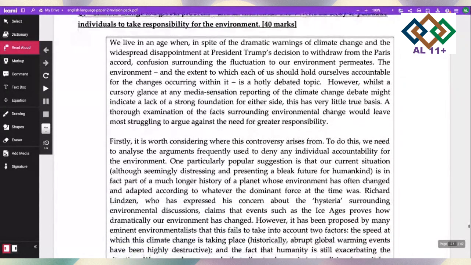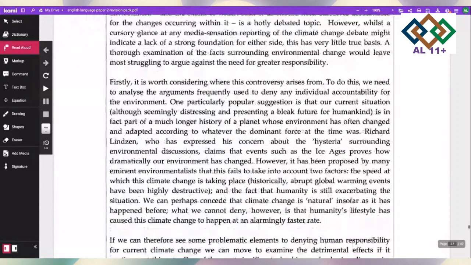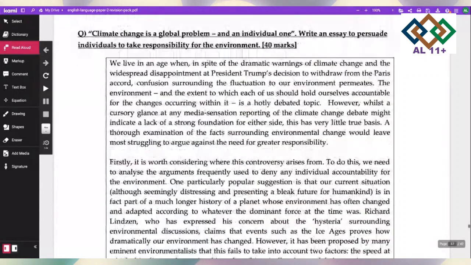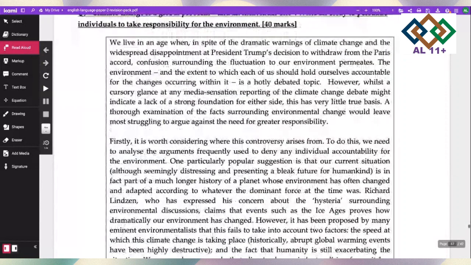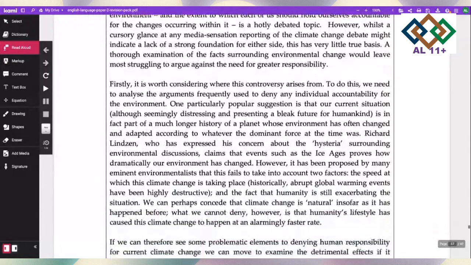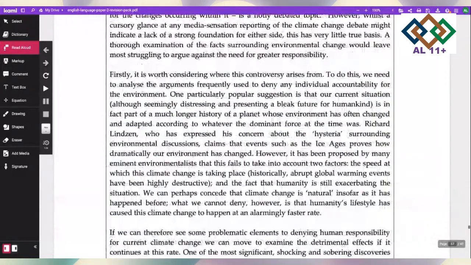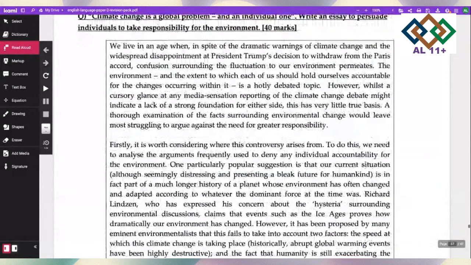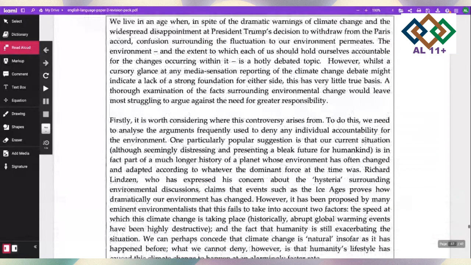So I'll stop here for you all to read this, because I think this is something which might come, because it's still a going process. It's still very famous, and you might get something with this. I'll stop here so you could take a screenshot and try writing something like that.